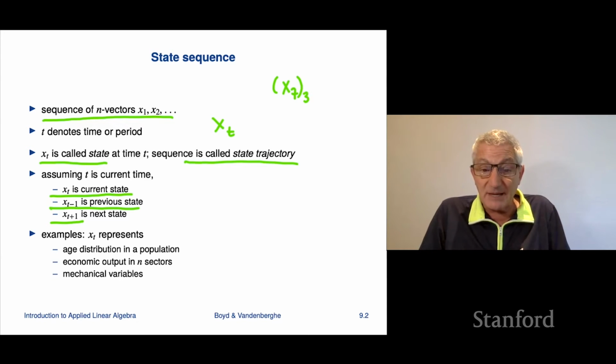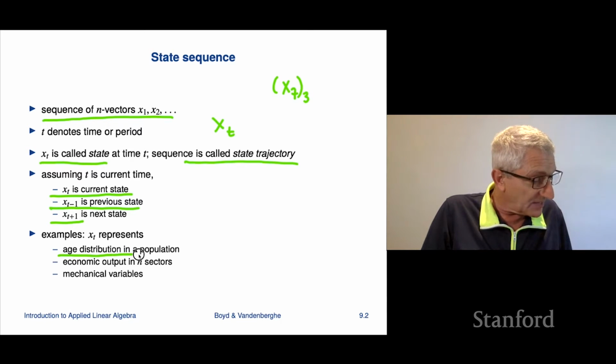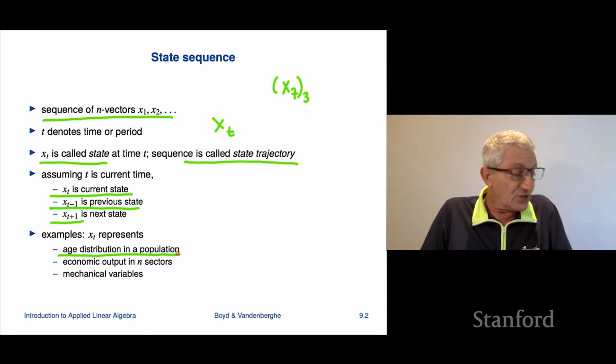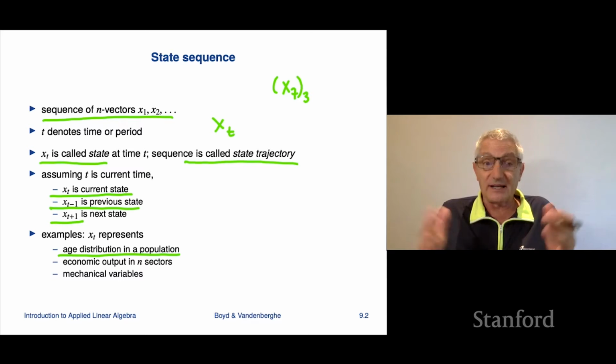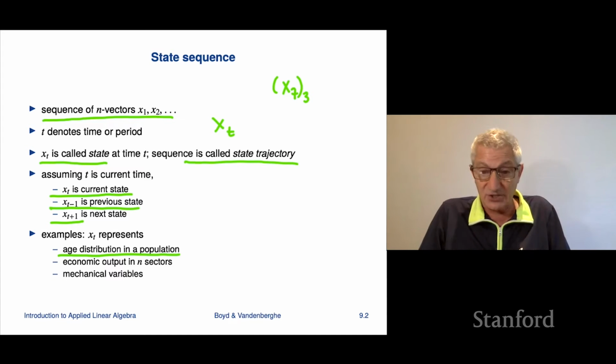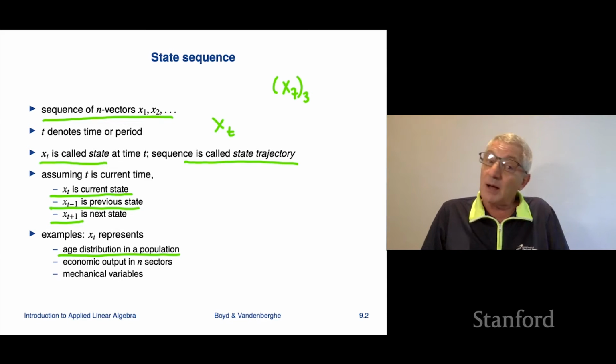Okay? And what does x sub t represent? It can represent many things. We'll look at a couple of examples, but we'll look at one where it represents the age distribution in a population. That means the entries tell you how many people there are in the population of a certain age. A very common one is in economics, where the entries of x sub t give you the economic output in n sectors of the economy.